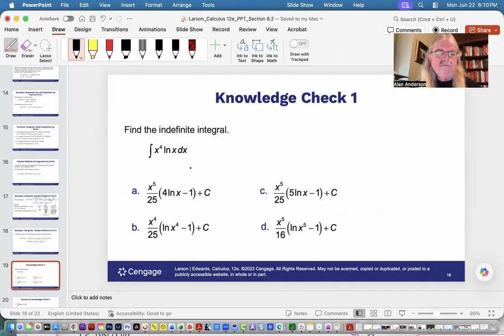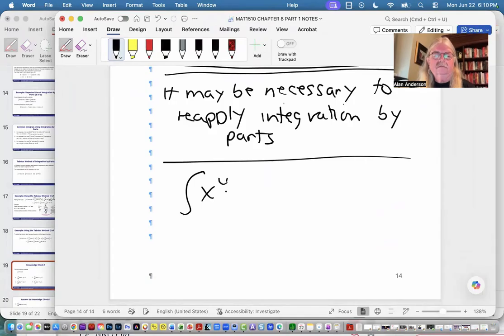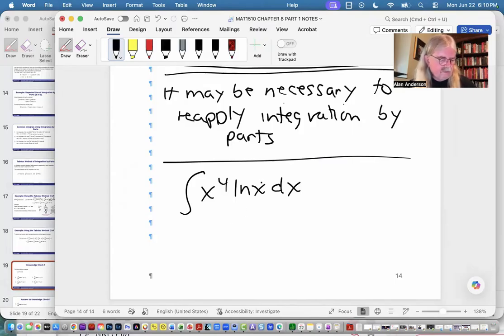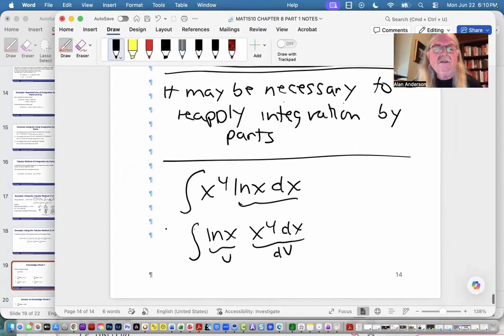All right. X to the fourth log X. So we'll start out by trying, well, let's say that U equals, I don't know, let's rearrange it a little. Okay. So let's see what happens.